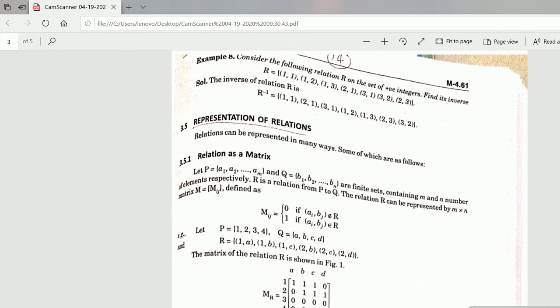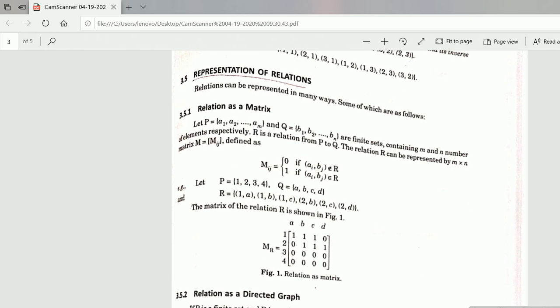How will you represent the relation with the help of a matrix? Just consider, let P have the elements a1, a2, ..., am and Q have the elements b1, b2, ..., bn, finite sets containing m and n elements respectively.